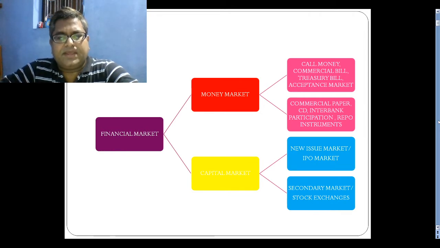In this way, a new issue, raising of funds, fresh issue or IPO can be made through this type of market, that is called the new issue market. That is also called the IPO market, and also the primary market. Primary market is another name for new issue market and IPO market.